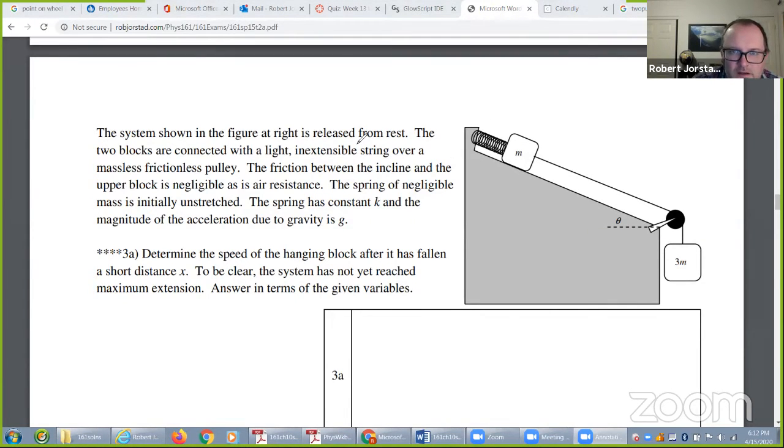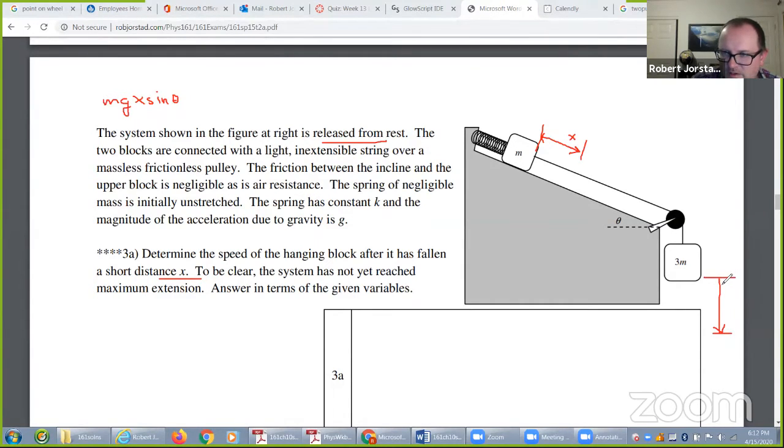Let's see. Released from rest, so K initial equals 0. So I get mg times a short distance x sin theta, right? Because this one is up in the air some distance x, so this one's going to fall some distance x.